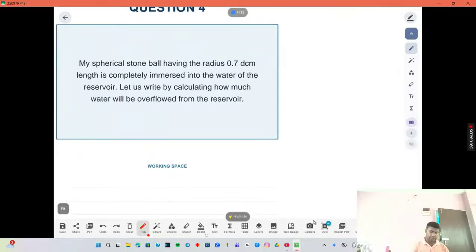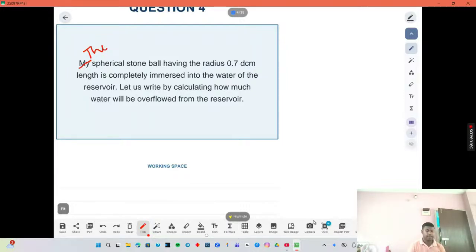The next question is given as: the spherical stone ball having the radius 0.7 dcm, that is dcm length, is completely immersed into the water of the reservoir.